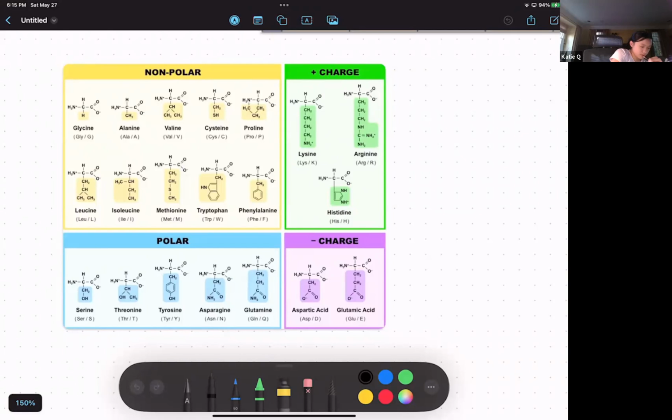So this is hydrophobic because they share electrons evenly. Hydrophobic. There's also ionic bonds and also hydrogen bonds. And again, disulfide bridges.